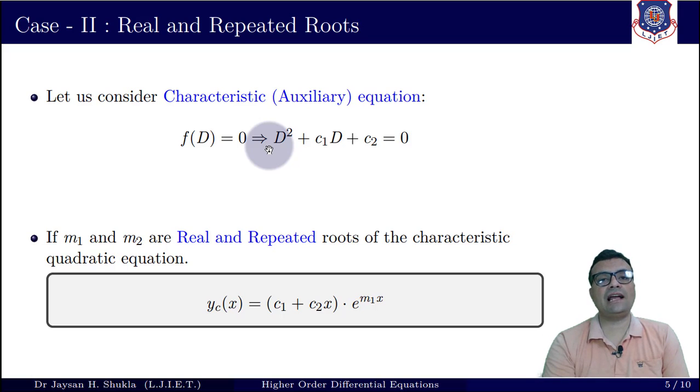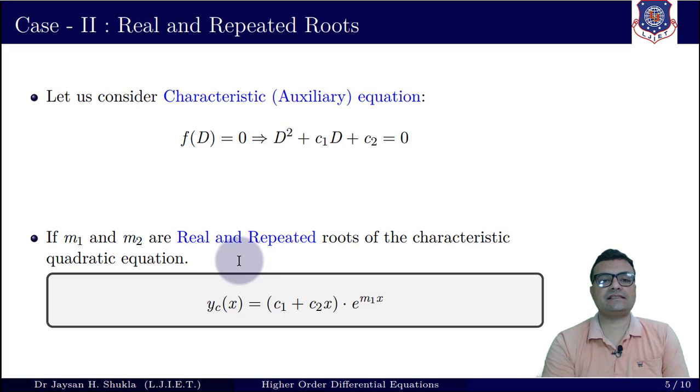So what will happen if I consider the auxiliary equation f of D equals 0, and the roots of this equation are m1 and m2, and they are real as well as repeated? So it is actually m1 equal to m2.